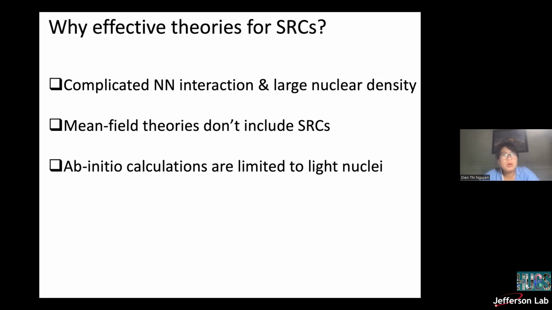So we can only go with an effective way. The mean field theory doesn't include SRC, so we don't have an available tool to study that. And ab initio calculation is only limited to light nuclei.